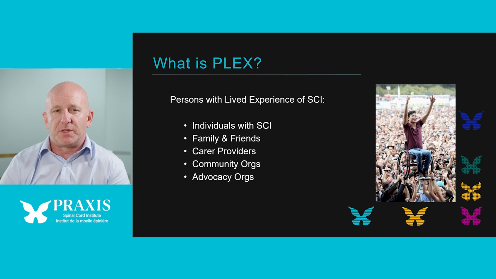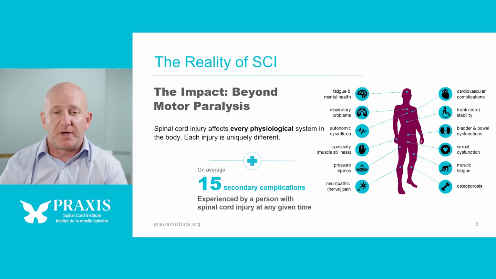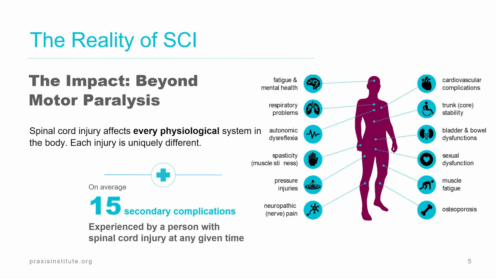So what does spinal cord injury look like? I think it's obvious to most people that there's a motor paralysis aspect where you lose the ability to move parts of your body. But beyond that, you also can have reduced or impaired sensation, as well as a host of other systemic impairments, such as autonomic dysfunctions, which include bowel and bladder and sexual function.